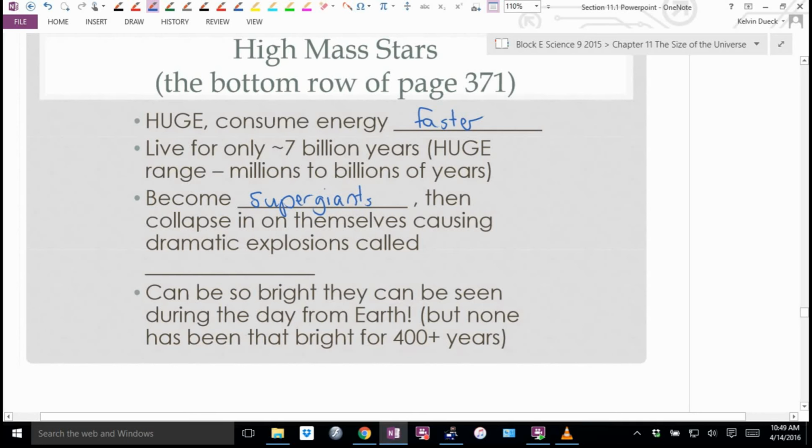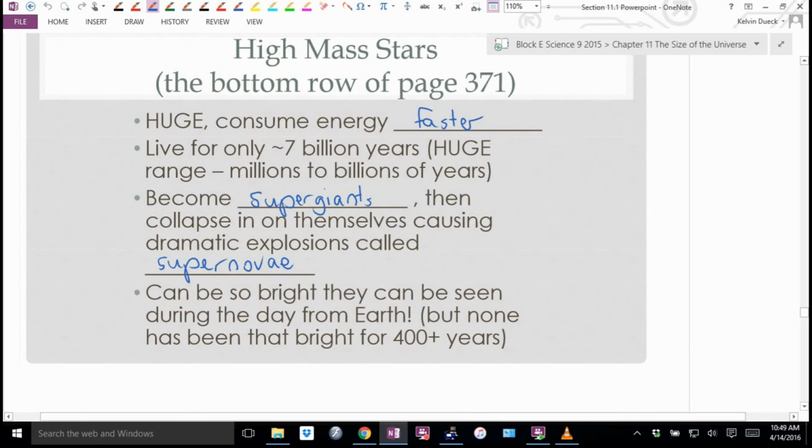Hey, what do you think is bigger, a red giant or a supergiant? We know how to name stuff. And then they collapse in on themselves, causing dramatic explosions called, what were the explosions called? Supernova. One supernova, two supernovae.